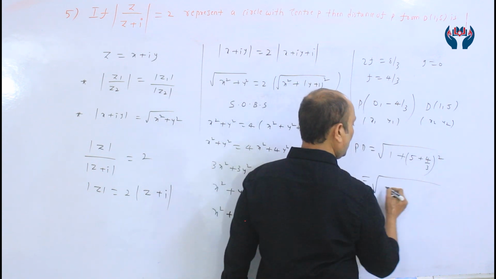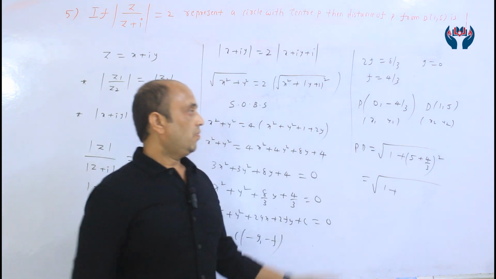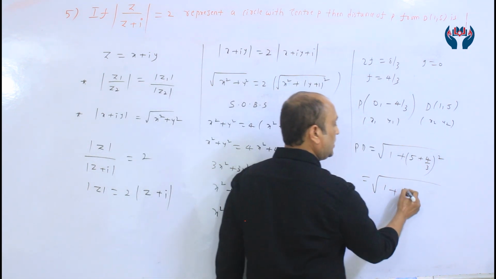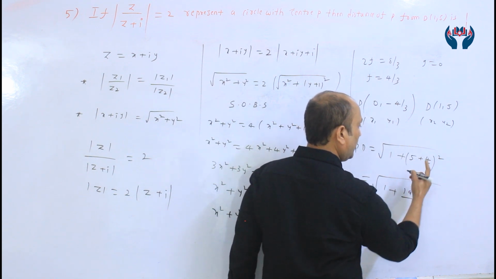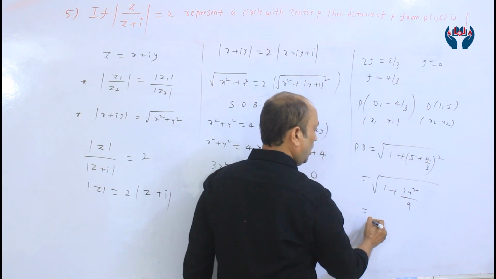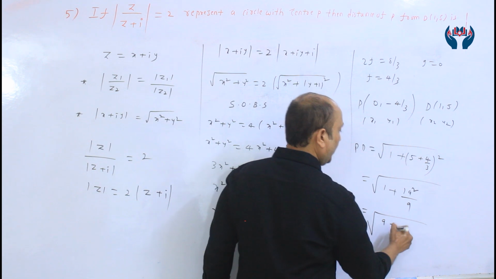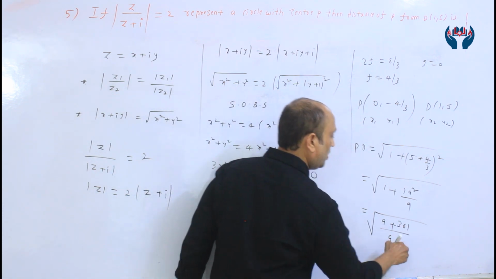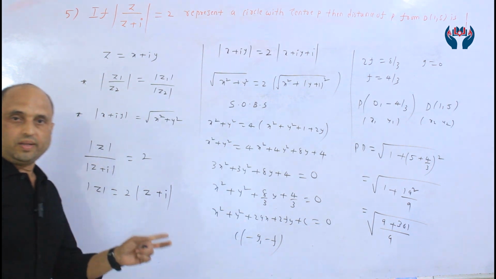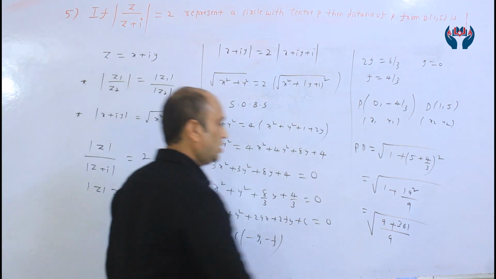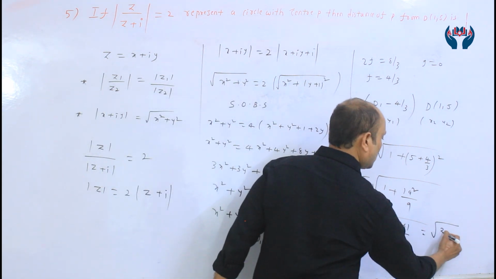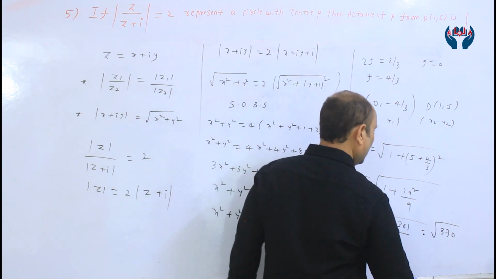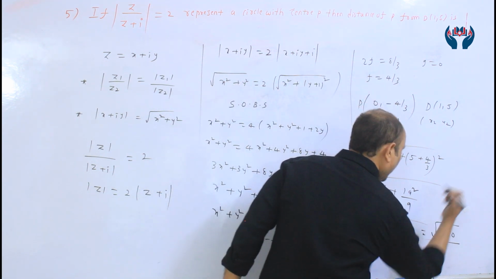So this is 15 plus 4, that is 19 whole square by 9. Now take the LCM: 9 plus 19 square, that is 361, by 9. So that becomes root 370, so the answer is root 370 by 3.